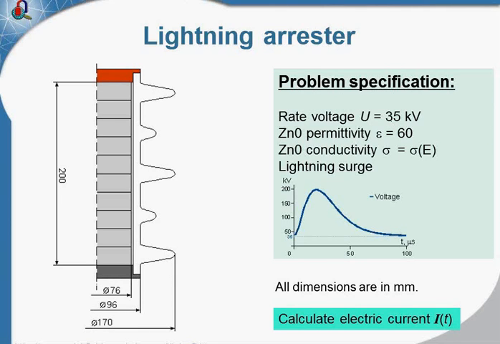In normal condition, the current for the arrestor is very small. When the lightning surge arrives and the voltage level rises to the high level, the semiconductor resistance reduces and the current flows through the arrestor to the earth.